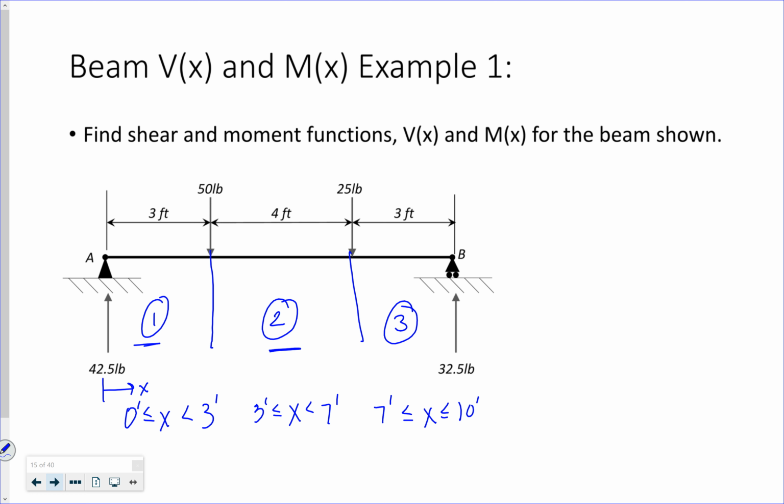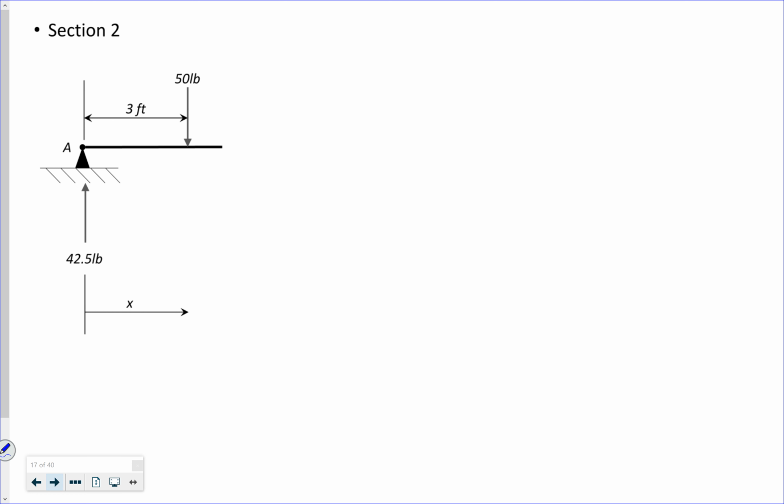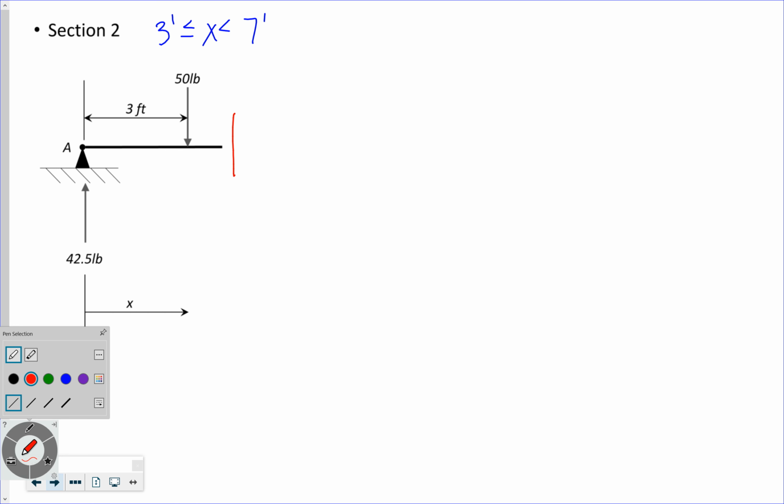I'm going to go to section 2, which is from 3 feet to 7 feet. Again, I have my moment and shear function.